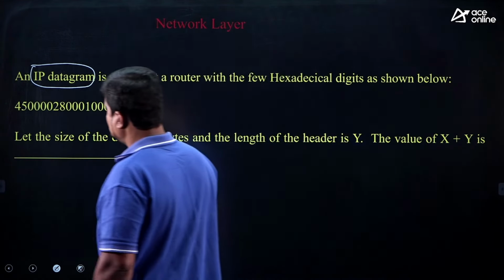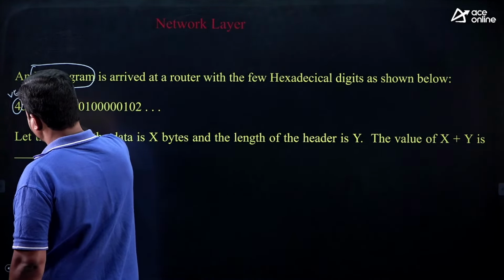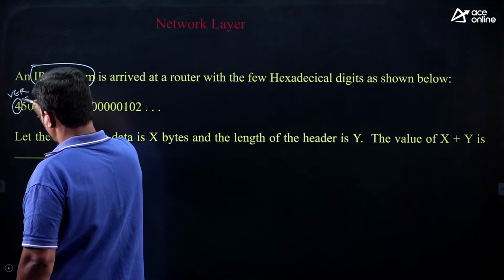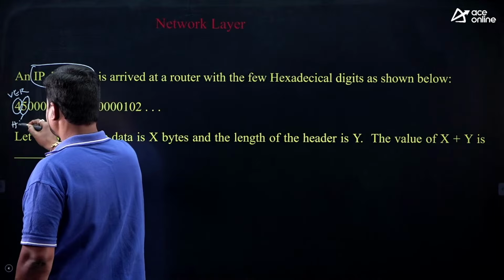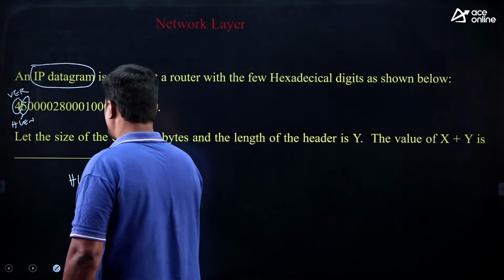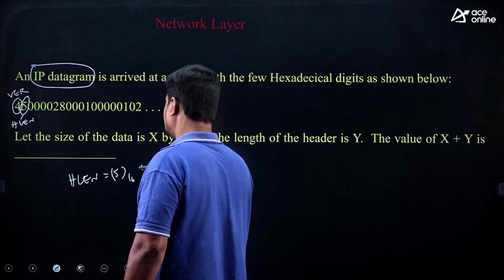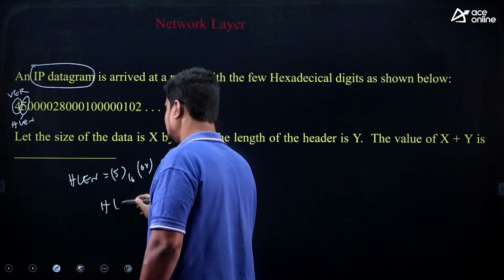So verify: the first 4 bits are your version field. The next 4 bits are your HLEN field. So what is the HLEN field? It is 5 in hexadecimal. If you convert this into decimal, it is 5 only. Then what is your header length?